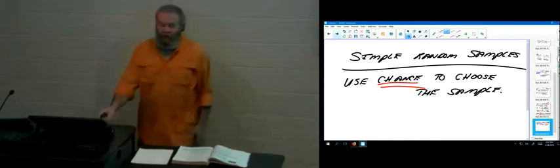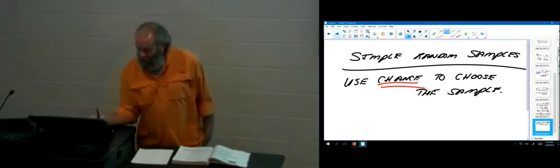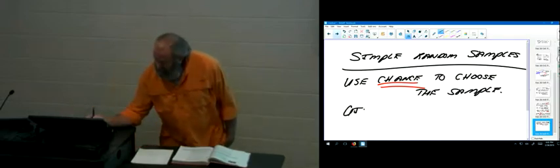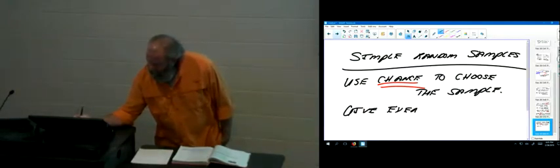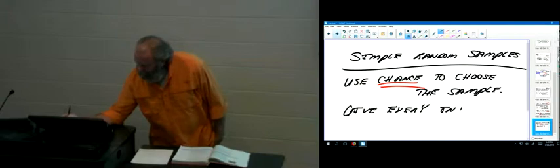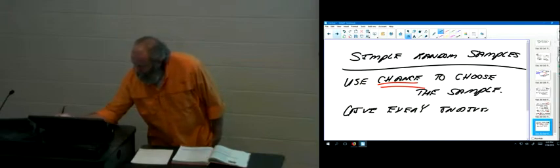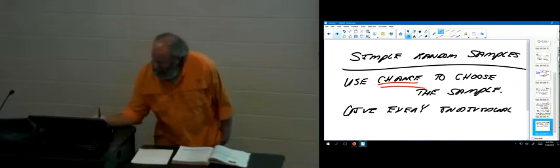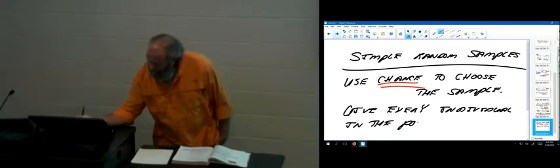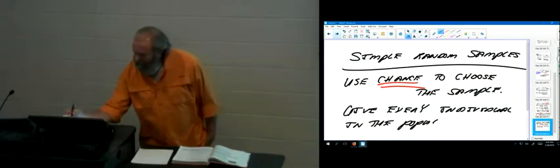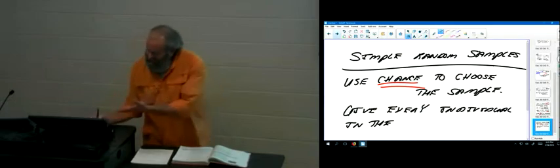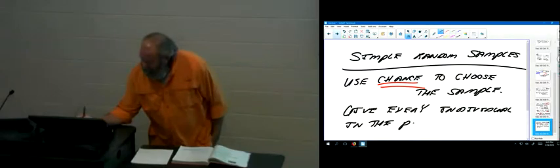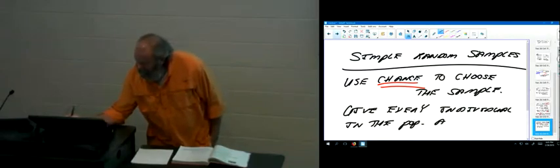What we want to make sure is we give every individual in the population, and can I start shorthanding population, please, a chance.